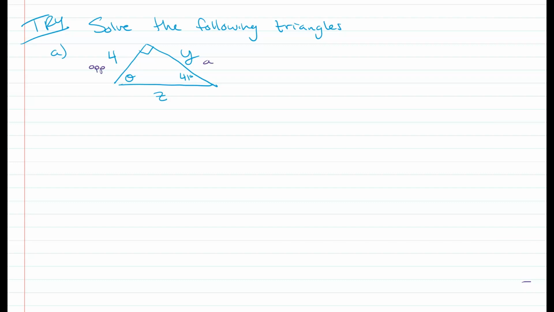I'm going to label the triangle. And this is going to be consistent because there's one known angle there. So I'm always going to be using that 41 degrees. We're going to start by finding theta, our unknown angle. To do that, I'm going to use that sum of angles.